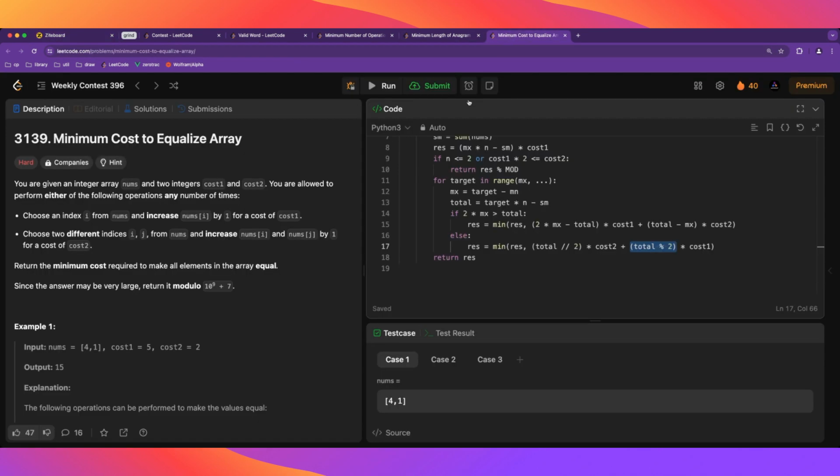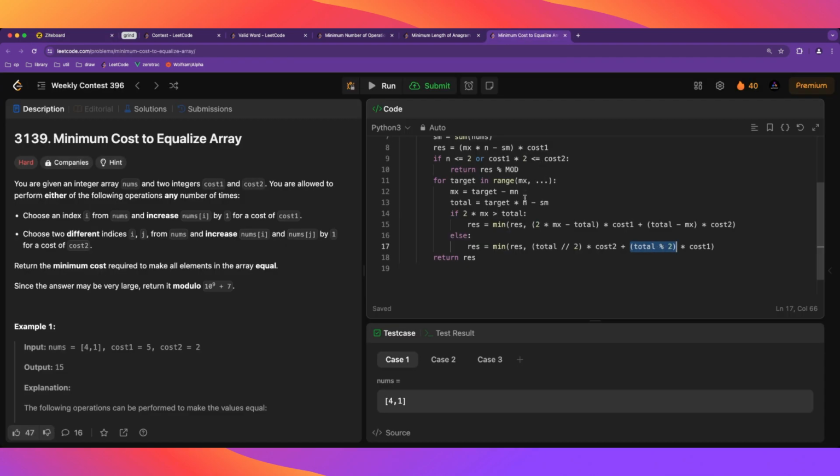So the condition that we have here is that we want 2 times the maximum... Yes, we want to do this in terms of the total. So we want to know what the target will be. So we want to fill in this blank here.